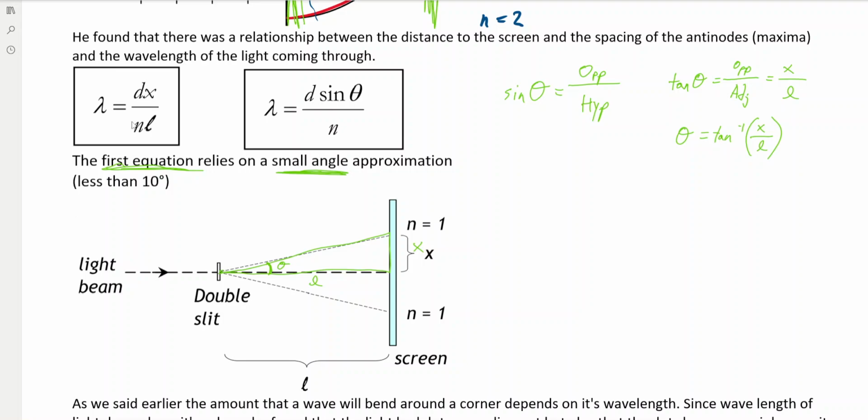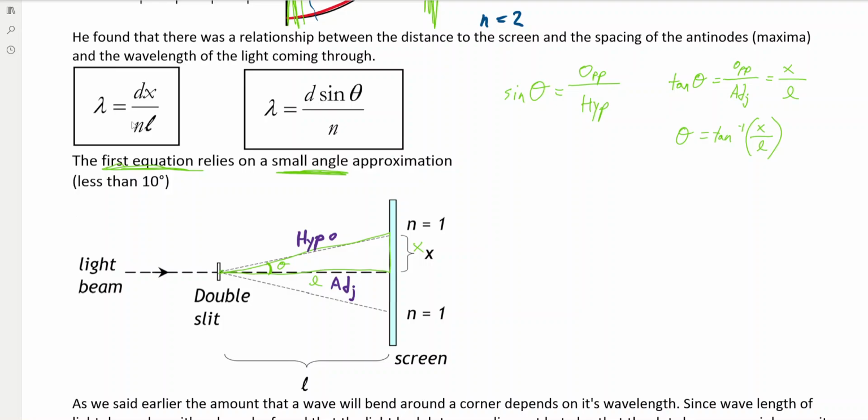Now, if it's a small angle, then instead of writing sine theta, we could just write sine of hypotenuse. But the truth is that when it's a big angle, the hypotenuse is not actually equal to the adjacent.